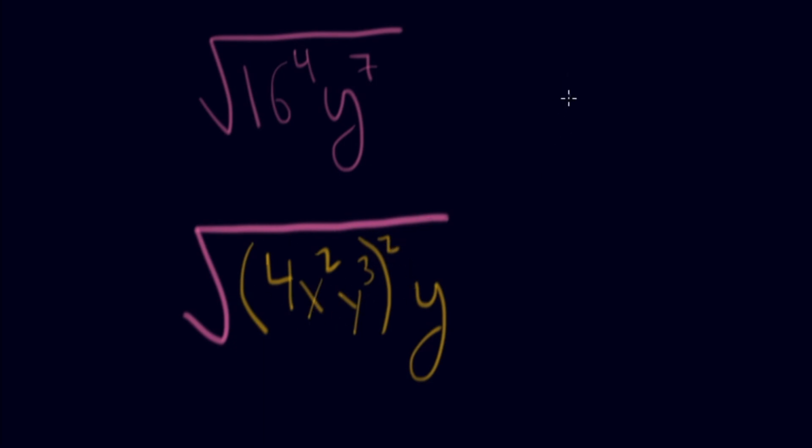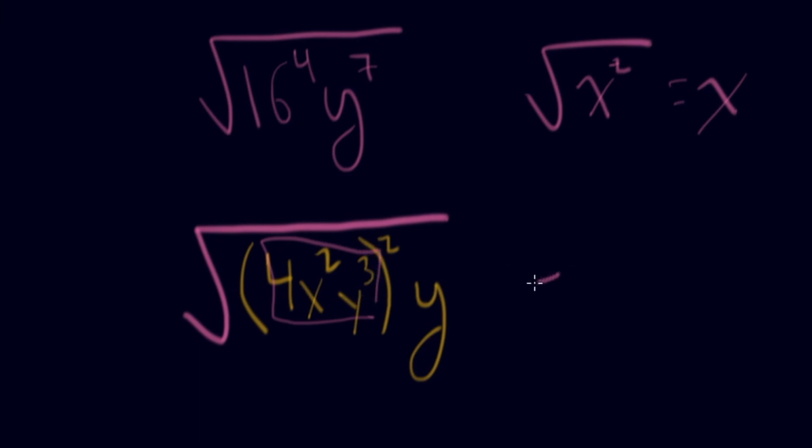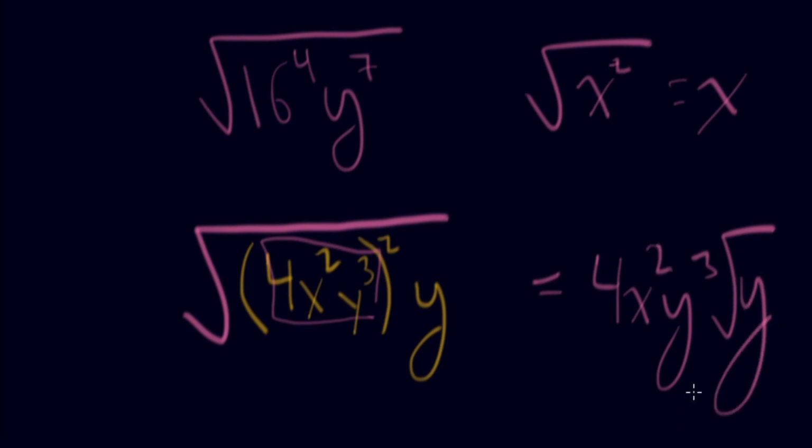And I want to do that because it goes back to that same idea, the square root of anything squared is itself. So I've made this into a square. So the square root of this square is just itself. It's just this stuff, like that. So what's my final answer going to be? It's going to be 4x squared y cubed root, make that a nice little 2, root y, like that. So I wanted to show you that little trick because it becomes very, very helpful.